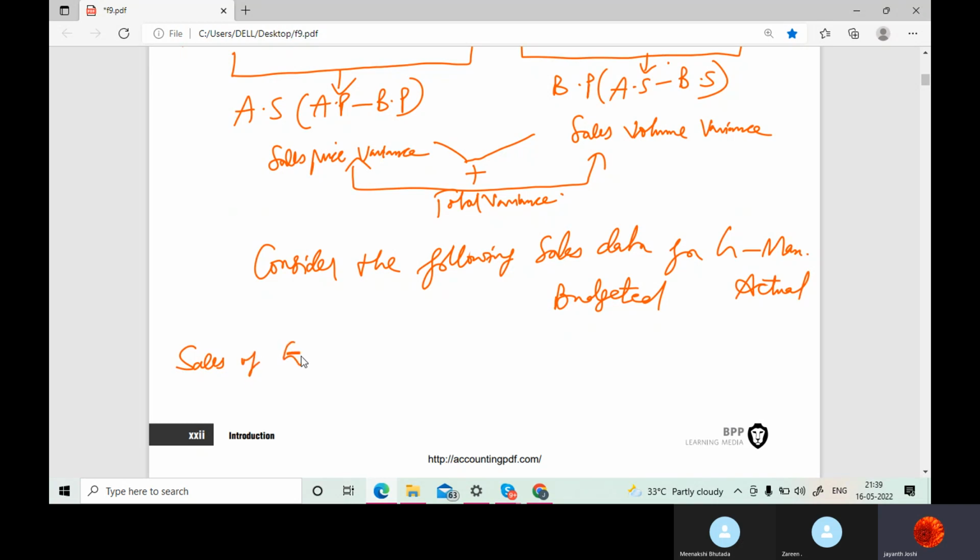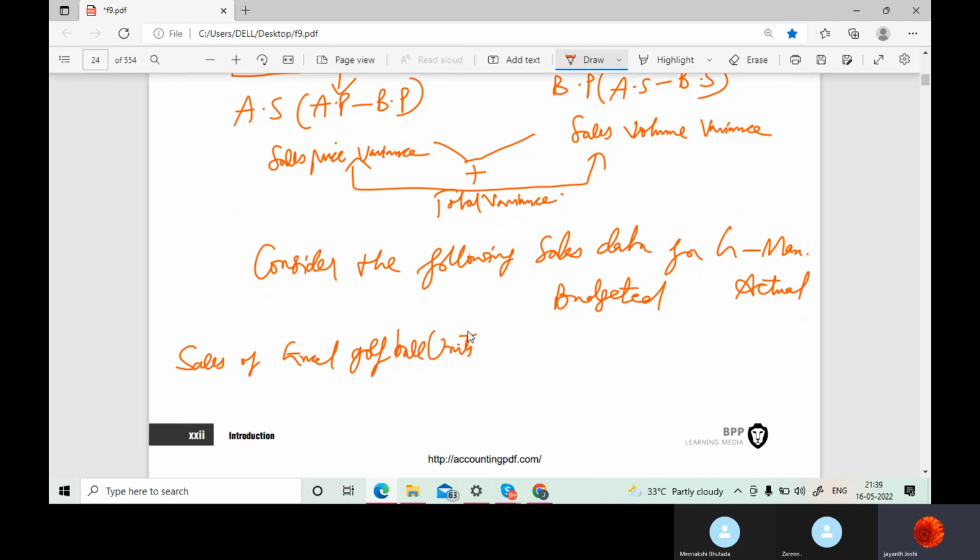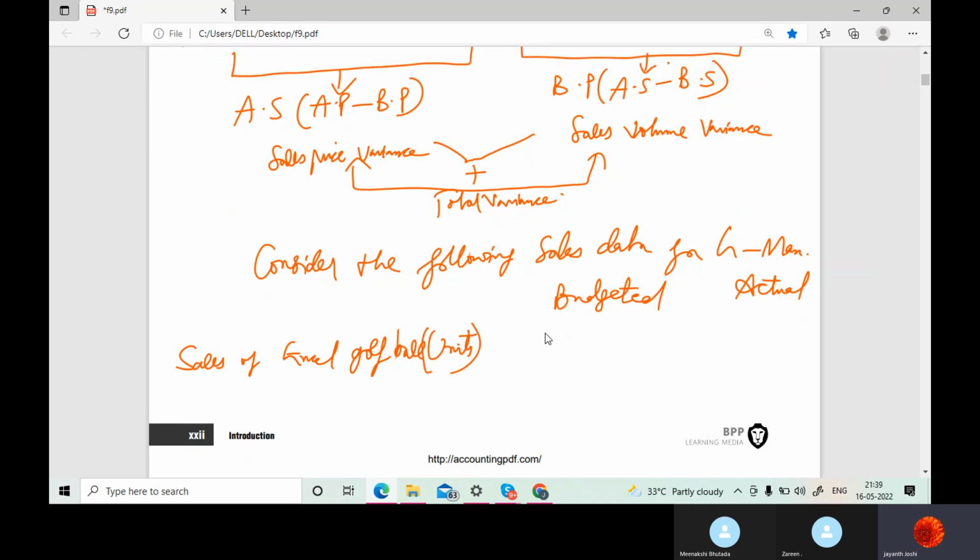Sales of Excel golf ball units: 1000 units budgeted, 1100 units actual.